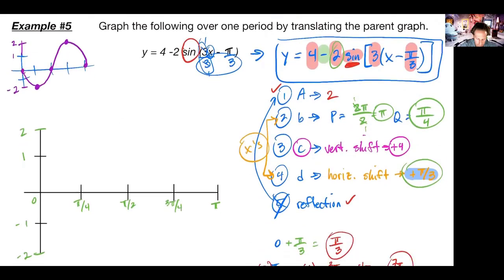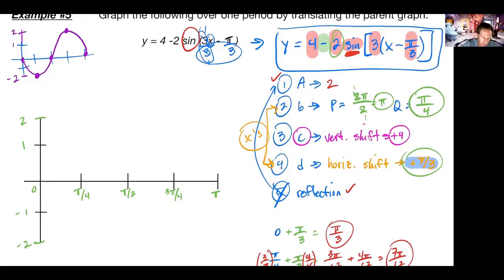Now remember, we started already up here by doing 2 things: the amplitude change of 2, and then we changed from there to there and there to there. We did the reflection about the x-axis and our zeros.